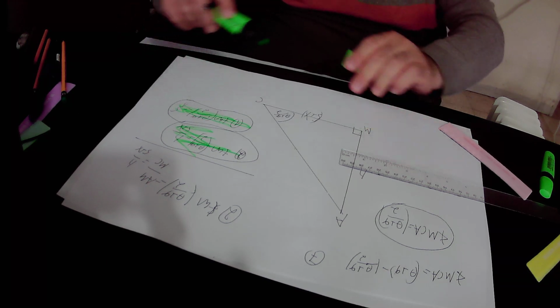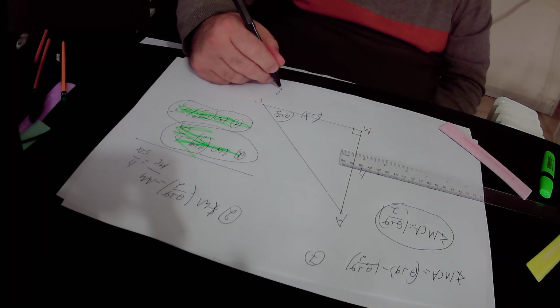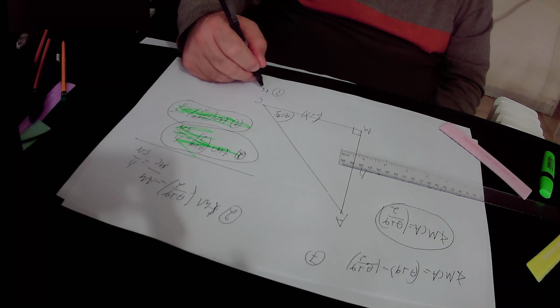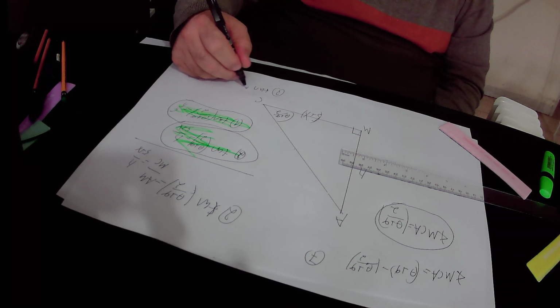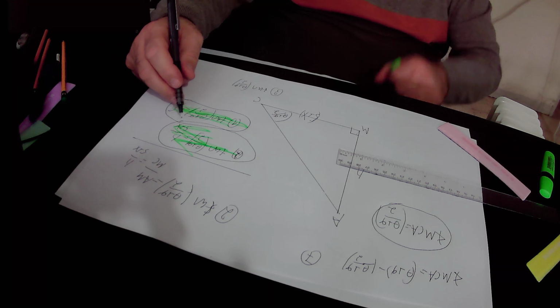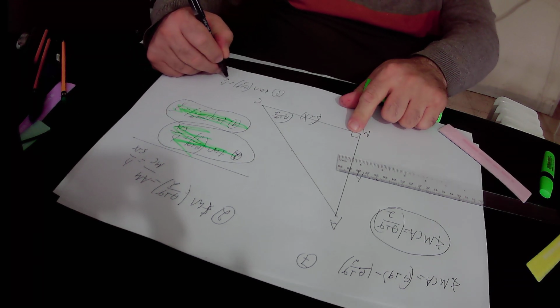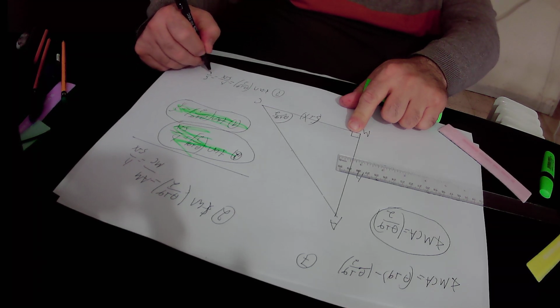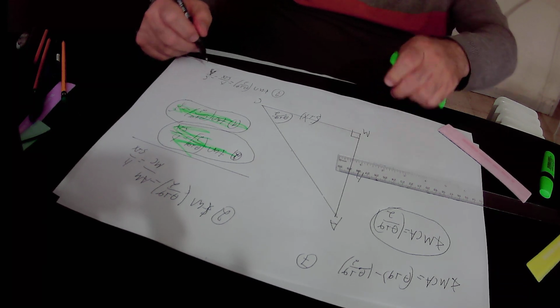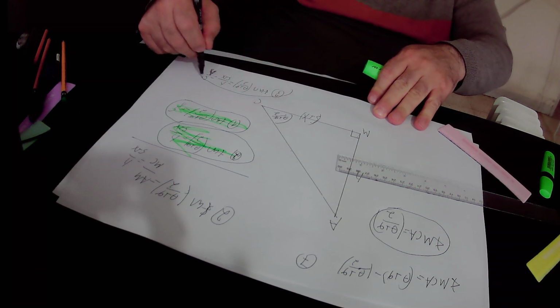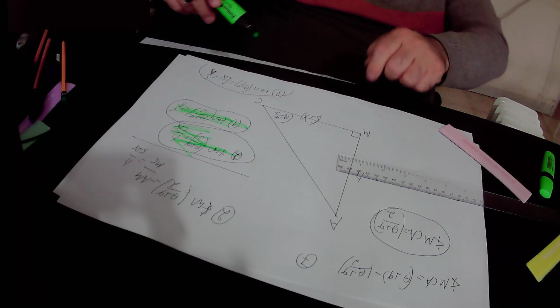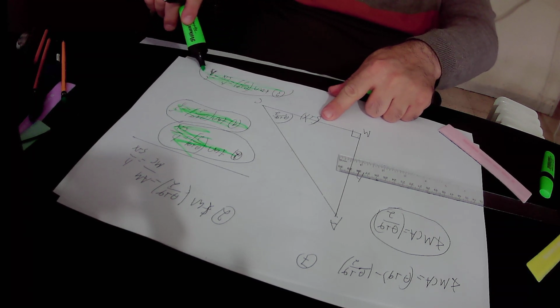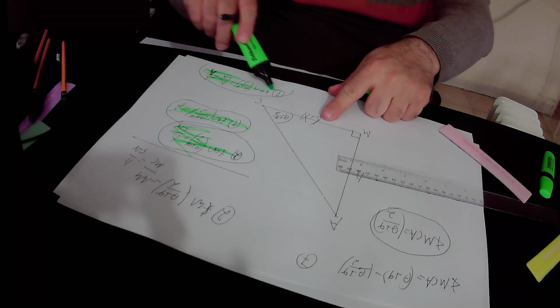So equation number 3: tangent of theta plus alpha over 2 is equal to H over 5 plus X according to equation number 2 from one side, but from the other side it is also equal to 5 over H according to equation number 1. So according to equation number 3, tangent of theta plus alpha over 2 equals H over 5 plus X, which equals also 5 over H.